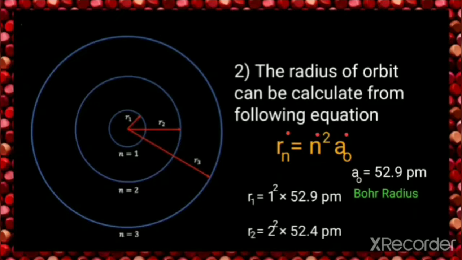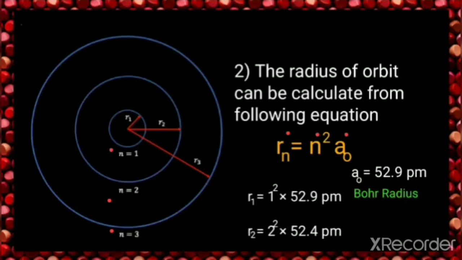Here n represents the orbit. If n is equal to 1, we are talking about the radius of the first orbit. For the second, we take n equal to 2. For the third orbit, we take n equal to 3.